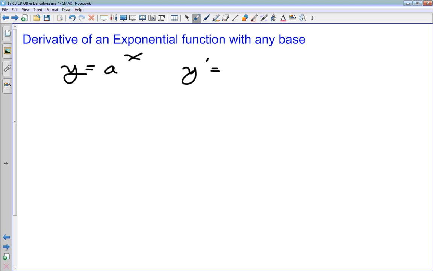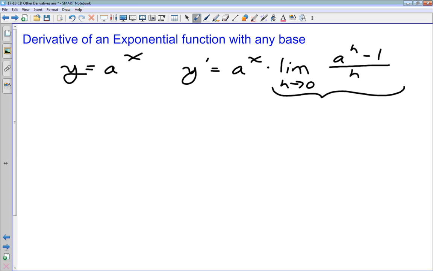in our very first lesson, we went through this long process applying first principles, and we said that the derivative was equal to a to the x times the limit as h goes to 0 of a to the h minus 1 all over h. And we didn't know how to evaluate this limit here, okay?